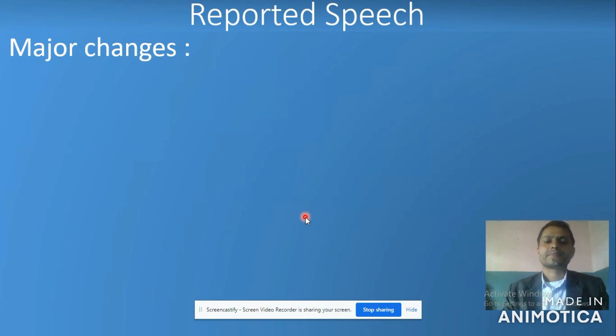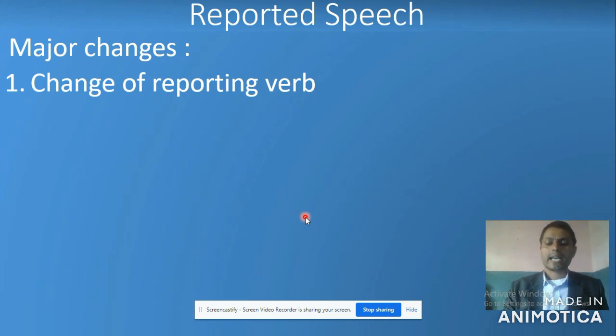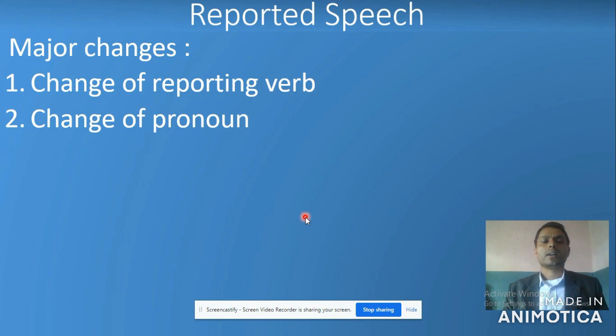Major changes. As we discussed before, we have to do some major changes while changing from direct speech to indirect speech. So, my dear student, now look at here. Number one, change of reporting verb. Number two, change of pronoun.